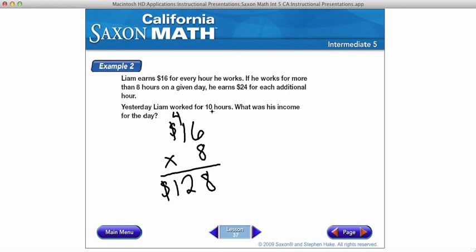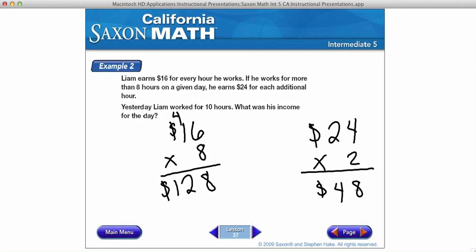But we know he worked 10 hours, so for 2 more hours, he earned $24 an hour for the last 2 hours that he worked. So those 2 hours, he earned $48. So to find out what he earned altogether, we need to add these two products.